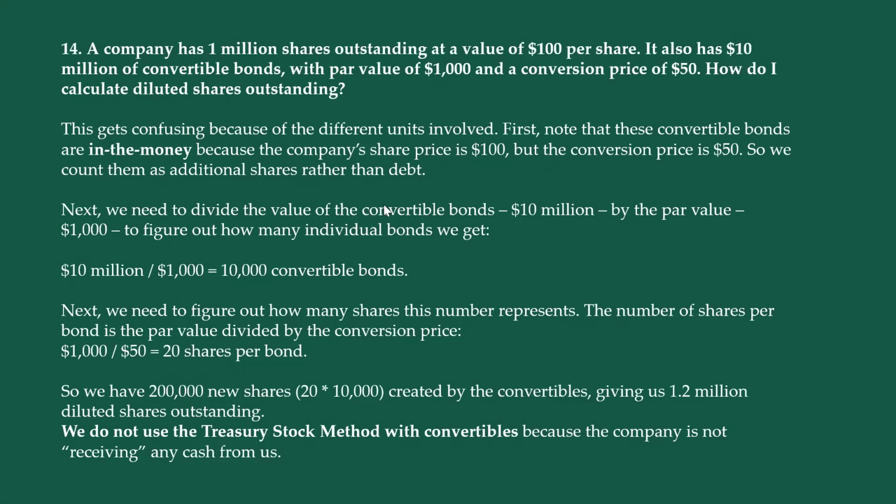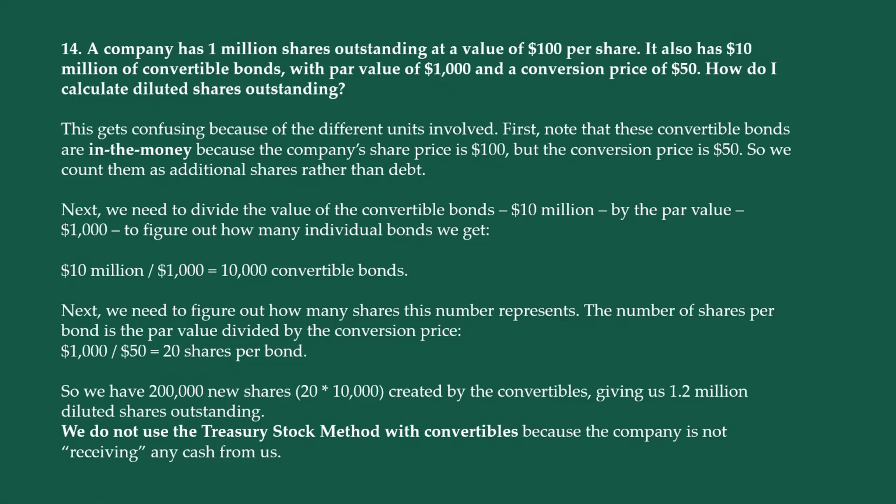Convertible bonds can be converted into shares at a fixed price, which is called the conversion price. If the stock price is above the conversion price, the bondholders are likely to convert, and this is the case here, in the money. And for dilution, the basic shares are 1 million shares that were already there, and the diluted shares outstanding will be basic shares plus the new shares formed from the in-the-money convertibles.